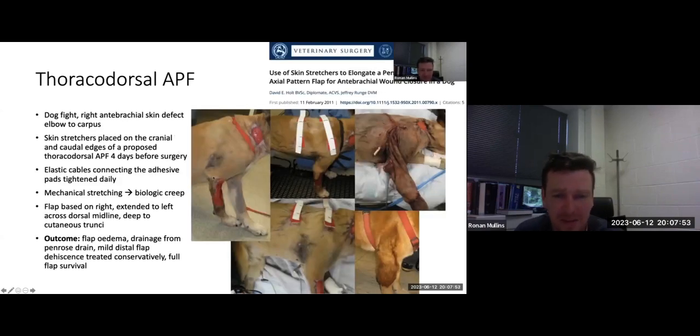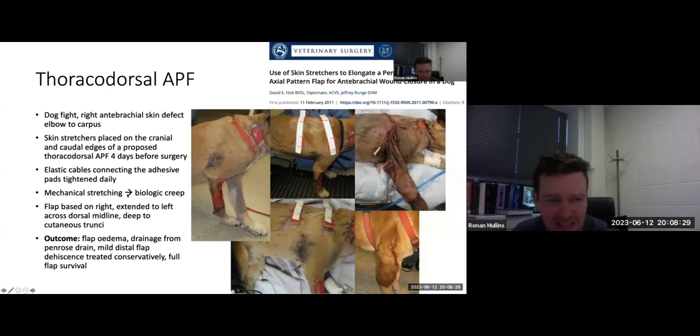This is a case report published by David Holt and Runge, and basically they had a dog with a very extensive wound. They managed it to the point of a very nice granulation tissue bed extending from elbow to carpus, and they used skin stretchers, applied caudal and cranial to the proposed thoracodorsal axial pattern flap, with elastic cables connecting these Velcro pads, which the owner tightened daily.